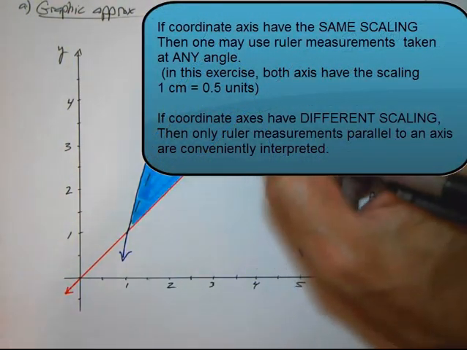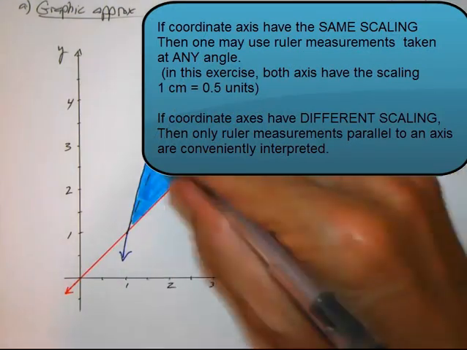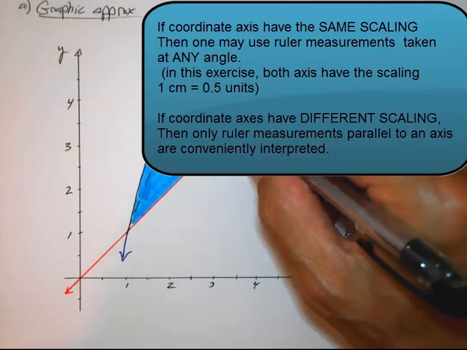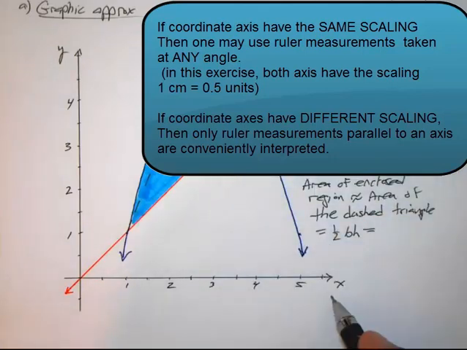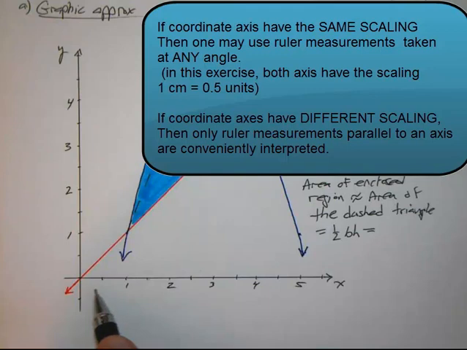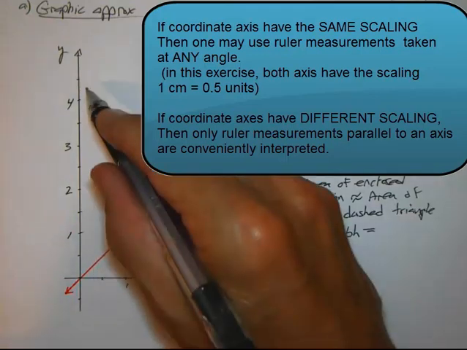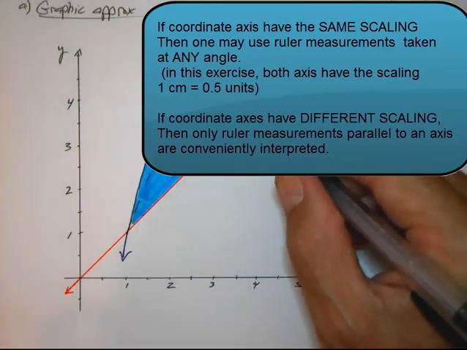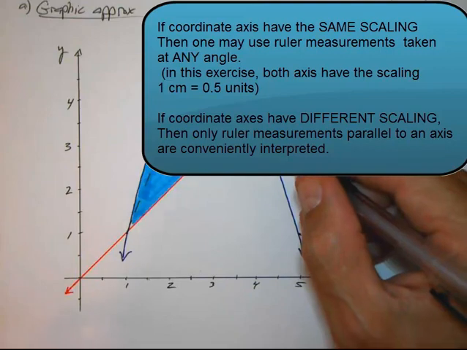And that means another thing here, by the way. Now I've got this triangle, it's got sides that are all oblique, right? Now I can easily use this because my axes are scaled the same. See, 1 centimeter is 1/2 unit in the x direction and the y direction. So that makes the graphic approximation simplest of all when you have that situation.